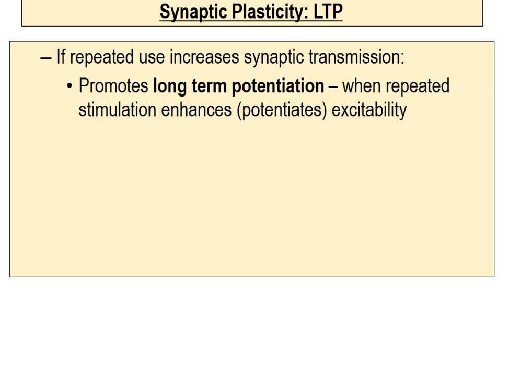In other words, the more you work with, say, flashcards, the more likely you are to be able to use those neurons that are about the recall of the terms on those flashcards. One of the things that's been found to be due to this is the insertion of AMPA receptors in the postsynaptic membrane.